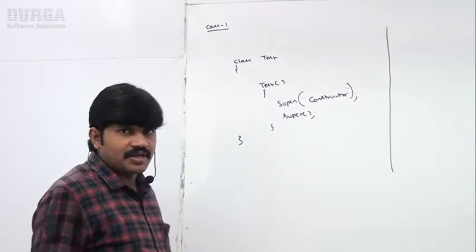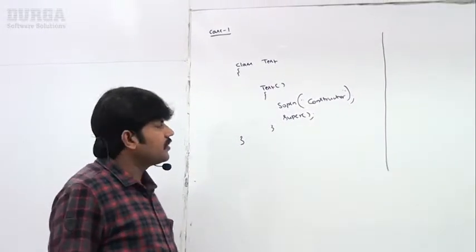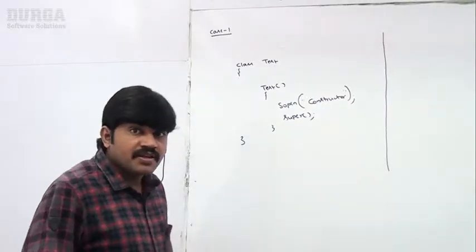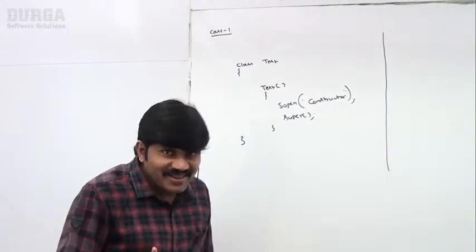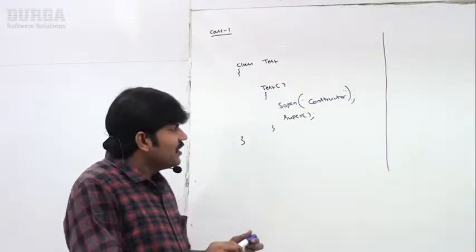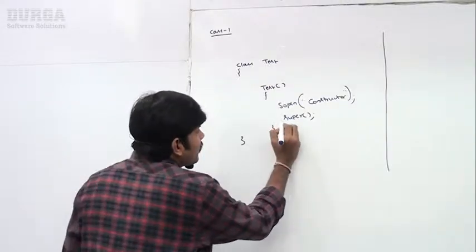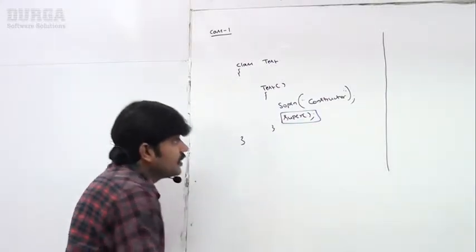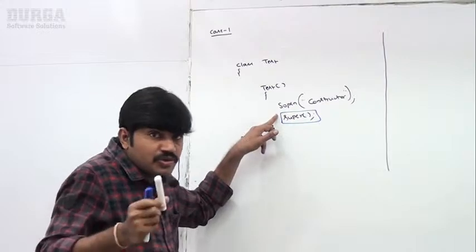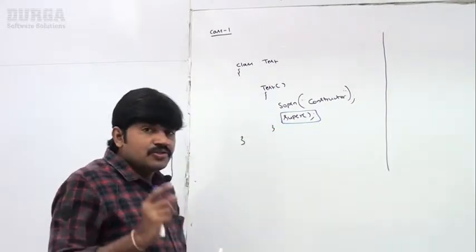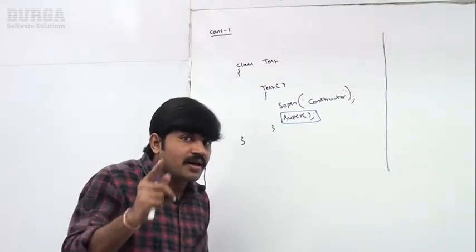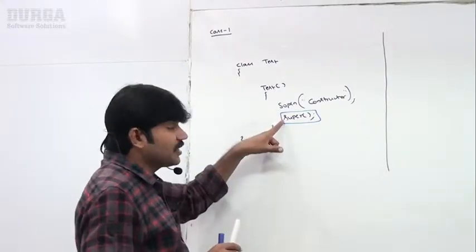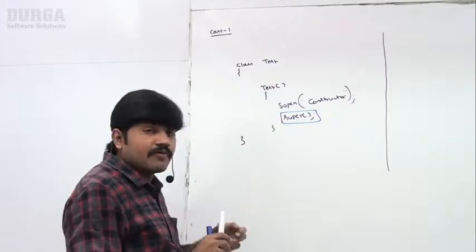Remember, compiler will give errors left and right. The reason is, in which line are we taking the super keyword? In the second line of the constructor. We can take super or this only in the first line but not in the second line of the constructor.